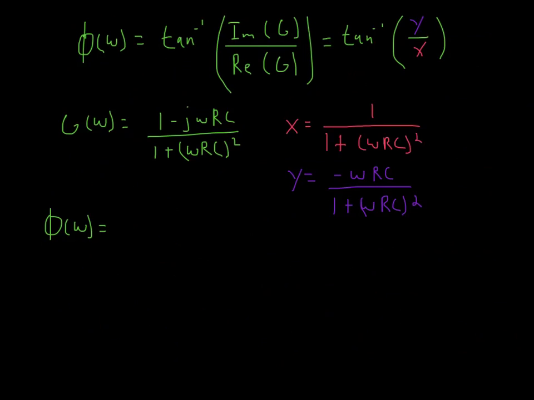And so what we have again is that's just the inverse tangent of the imaginary part over the real part. The real part is just 1 over 1 plus omega RC squared, and the imaginary part is minus omega RC over that same thing.